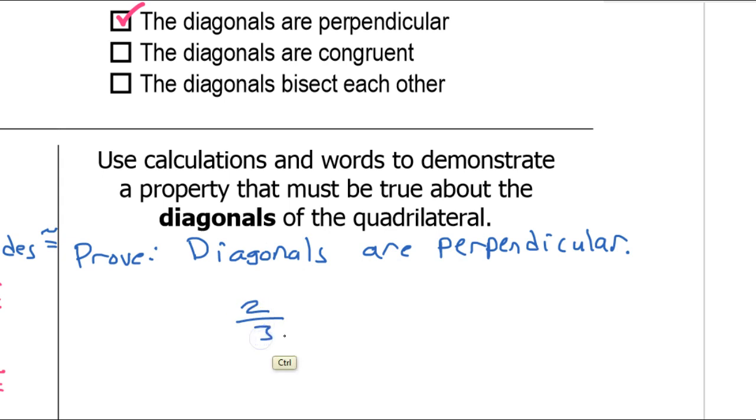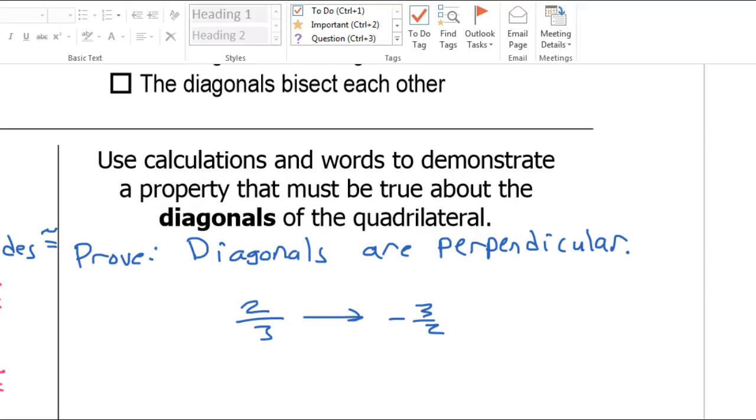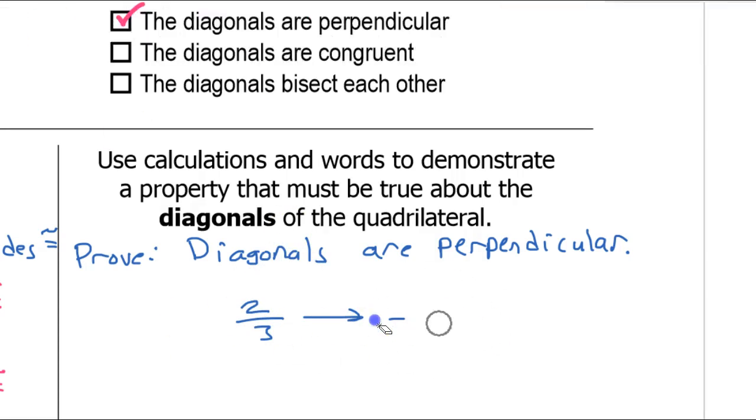Say if one slope is 2/3, the reciprocal of that would be 3/2. And opposite means the opposite sign. So 2/3 and -3/2, these are opposite and reciprocal. These are the slopes of perpendicular lines. So let's check the diagonals and see if their slopes work like this. If they do, we will have proven that they are perpendicular.